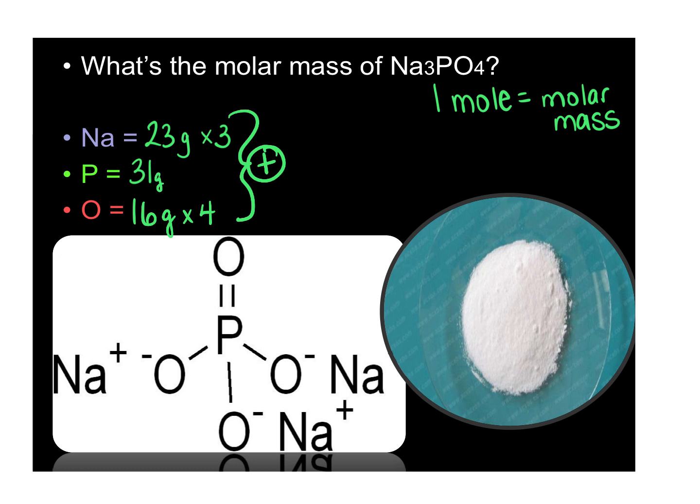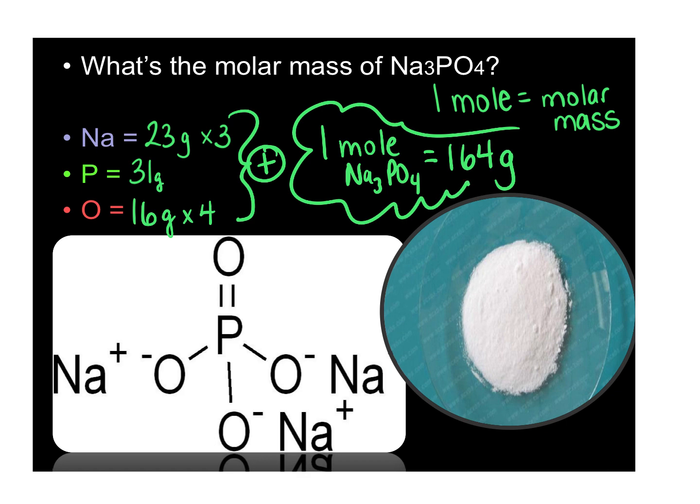So make sure your calculators are out and you're practicing with all these calculations as I go through them. If you add this all together, 1 mole of sodium phosphate is going to have a mass of about 164 grams. And this is very important that you are able to calculate that.